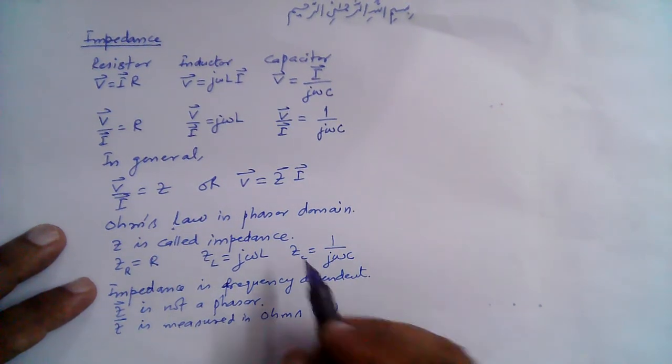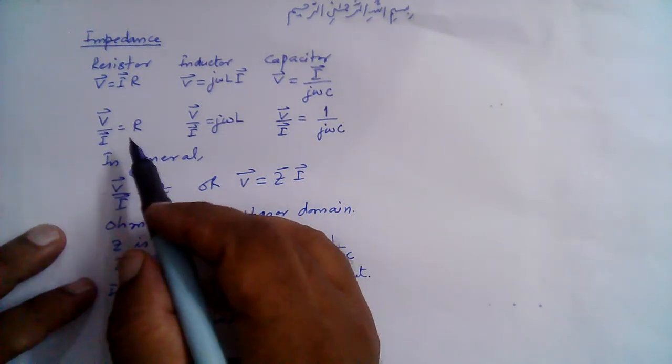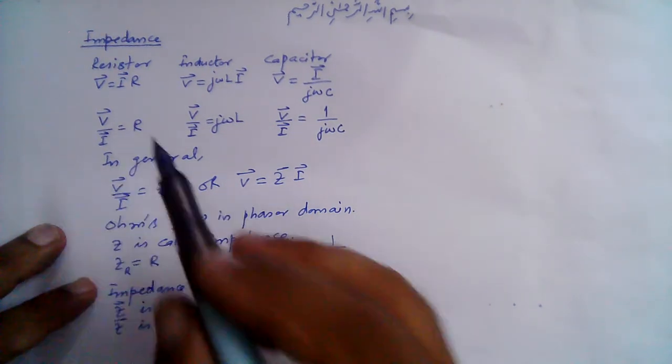Resistance is the opposition to the flow of current in resistor circuits.